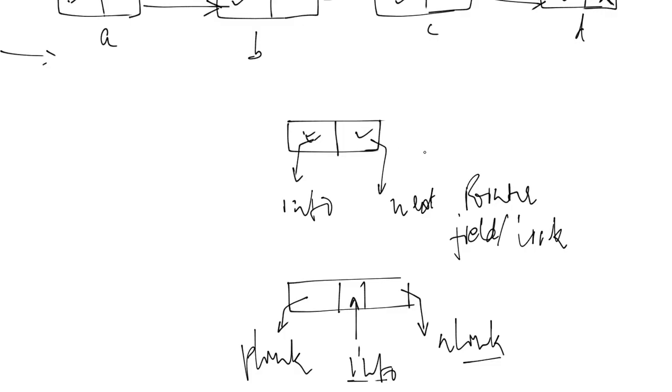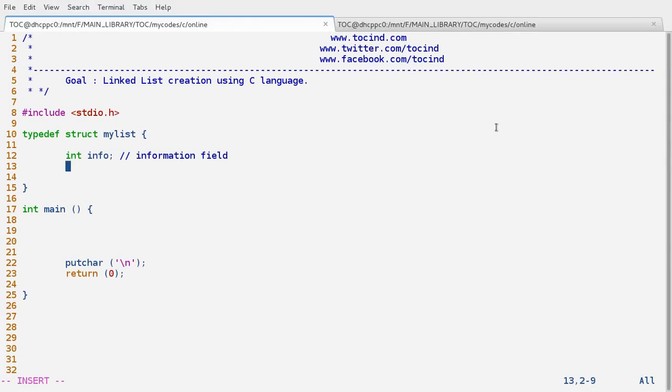All the nodes have the same type, and definitely we need a pointer to hold the address of the next node, which is of its same struct type. So for that there is a self-referential structure in C language which we could use over here. It could be declared as struct my list asterisk link.